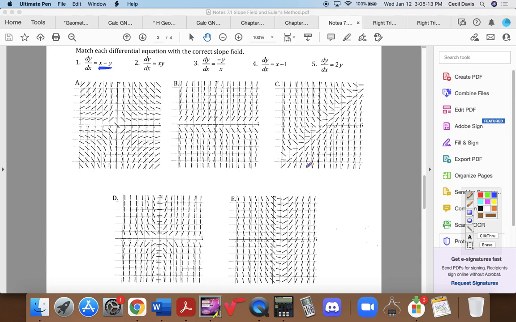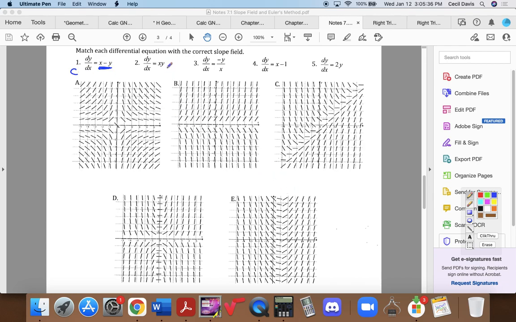What are other points? (1, 1), (2, 2). Any place where x and y are equal. So I look at this and go, all right, where x and y are equal, that's right across this diagonal. Well, I found it. That's the only one that looks like that, isn't it? Yep. That's C.